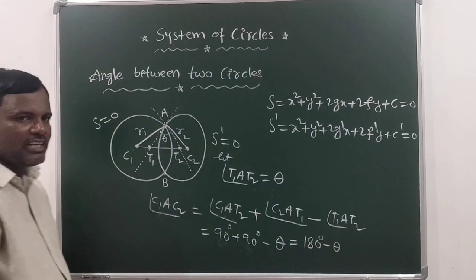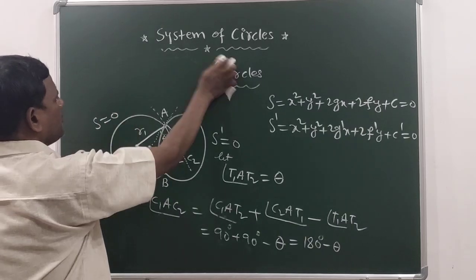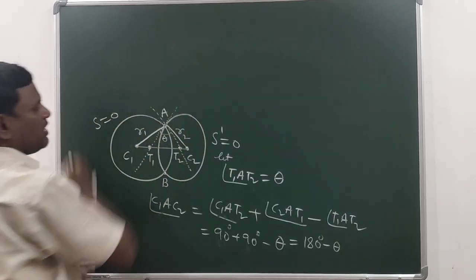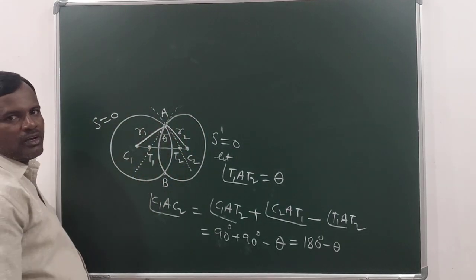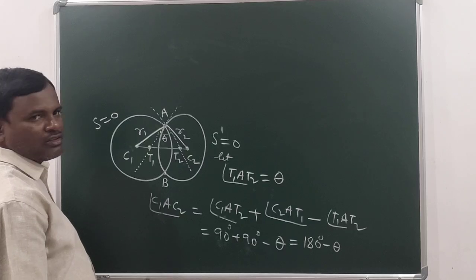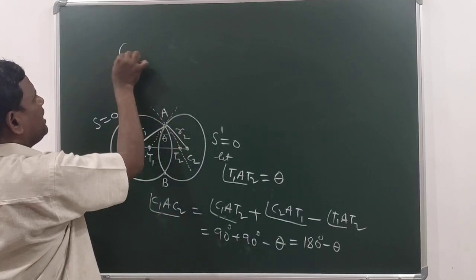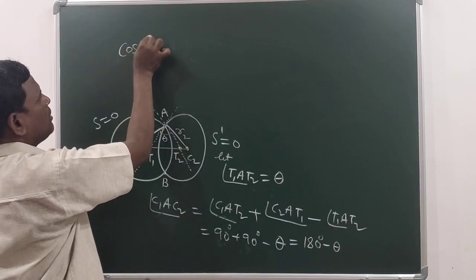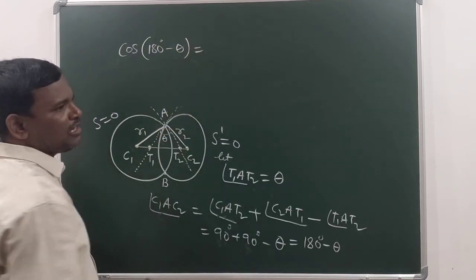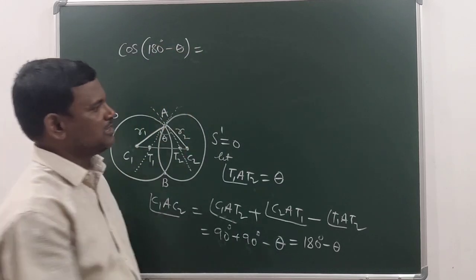Right. In the next step, I am going to apply the cosine rule at this vertex A. I got this vertical angle as 180 degrees minus theta. So with respect to that 180 minus theta, now I would like to apply the cosine rule, which you learnt in the properties of triangles.